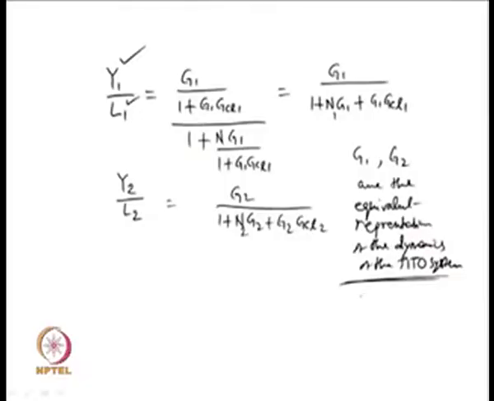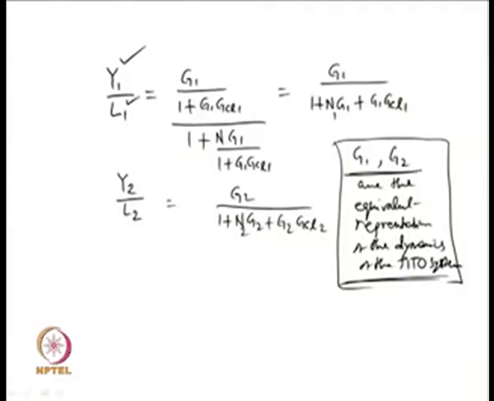That means, as if we have got two single input single output systems of the form G1(s) and G2(s). Corresponding to that, the transfer function between the output and load disturbances can be expressed in this form.